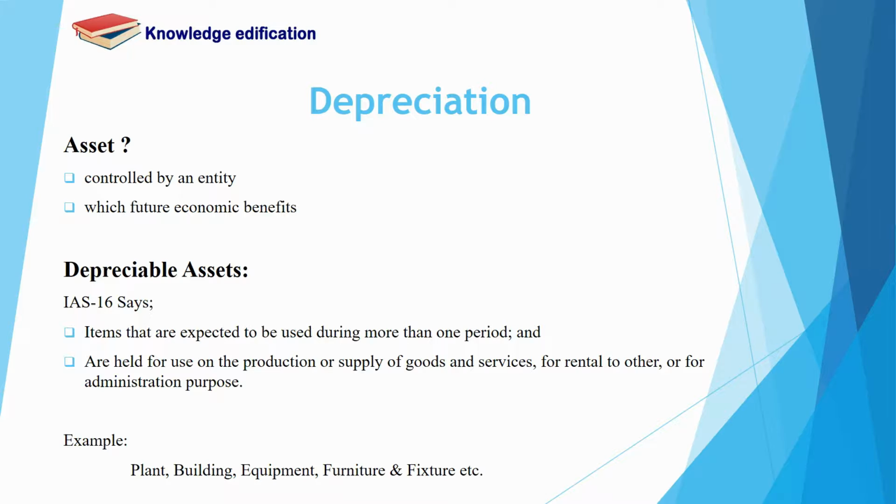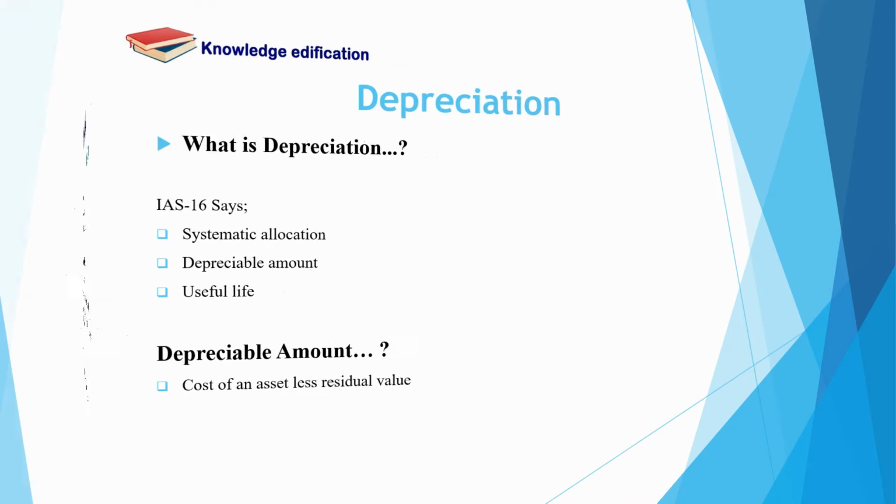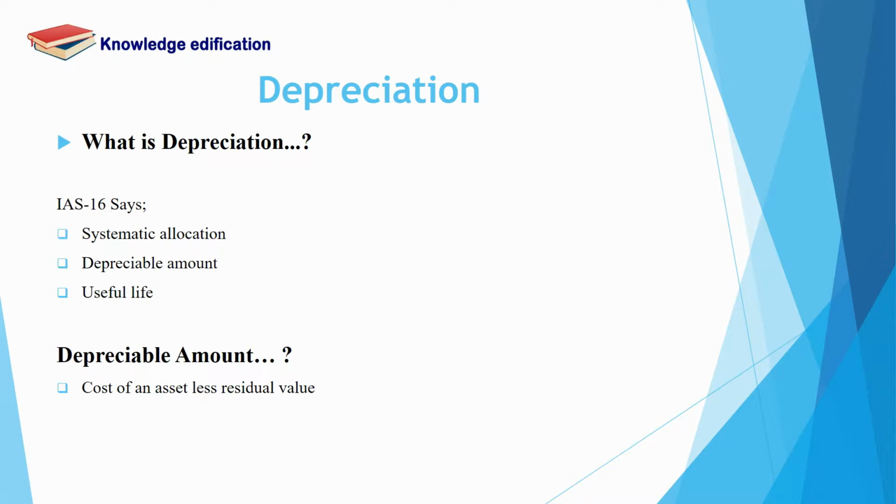They are not physically consumed as supplies, but their economic useful life diminishes over time. Such assets include plant, building, equipment, furniture and fixture, and the like. However, land is not considered a depreciable asset because land has unlimited useful life.